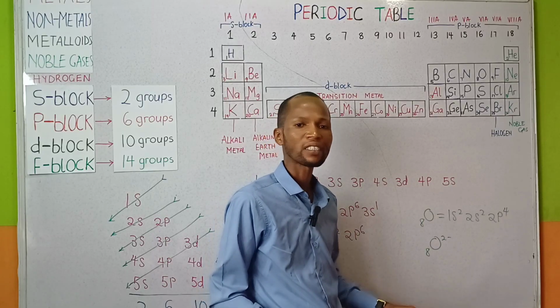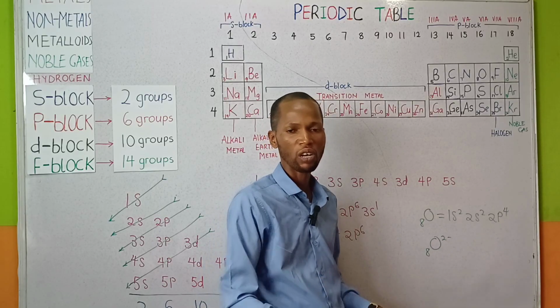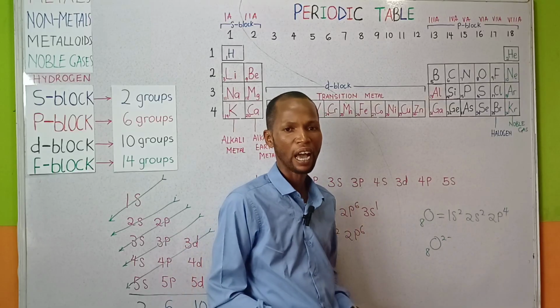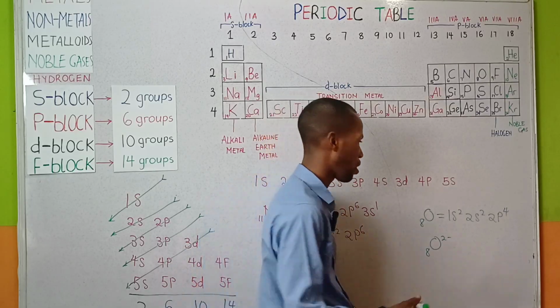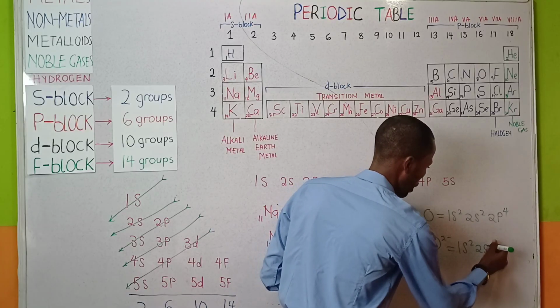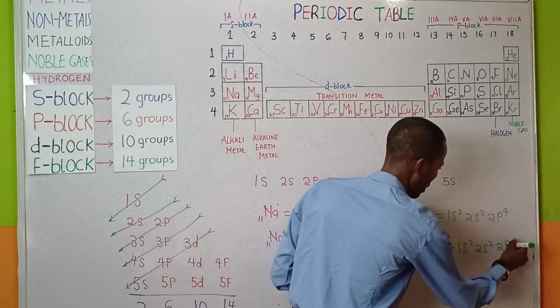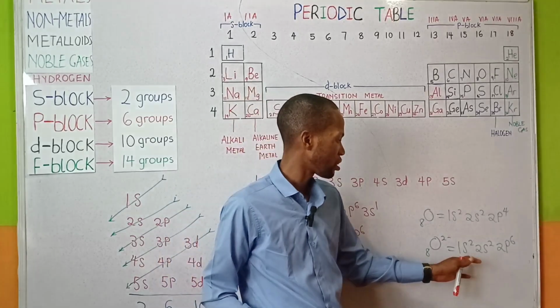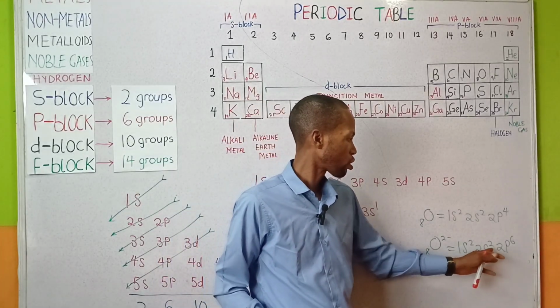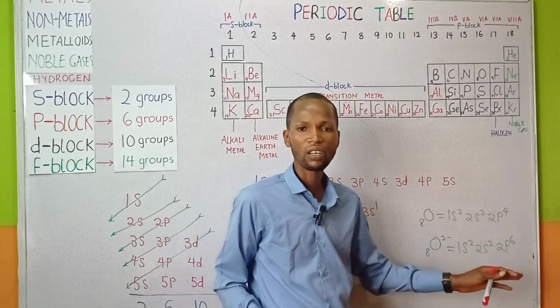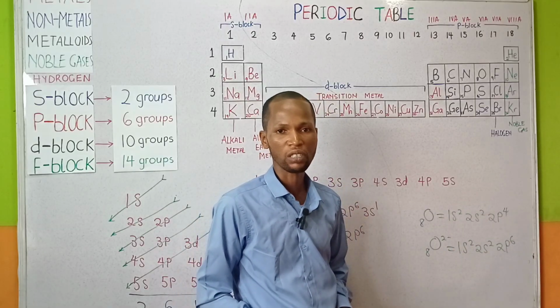So we are going to be writing the electronic configuration based on the number of electrons that we have and not based on the atomic number this time around. So we are going to have 1s2, 2s2, 2p6. Here we can deduce that 2 plus 2 plus 6, that's 10. The O2 minus contains 10 electrons.